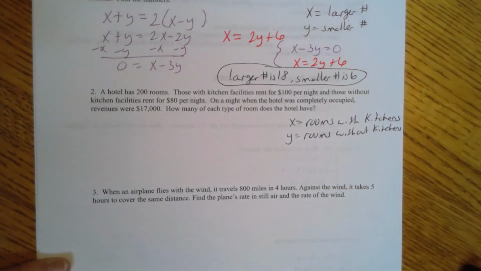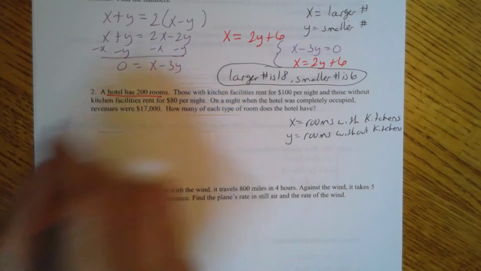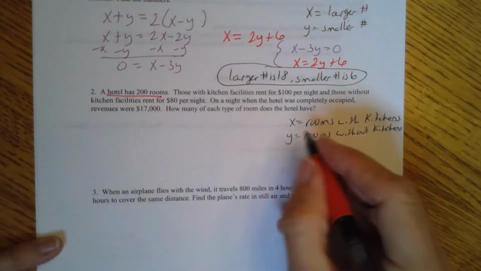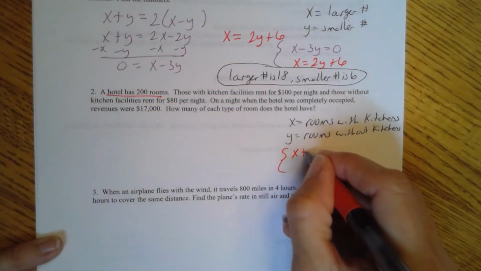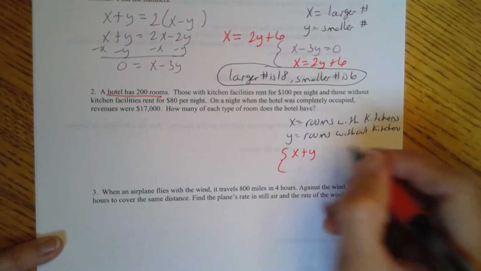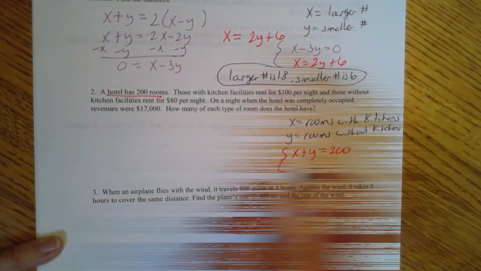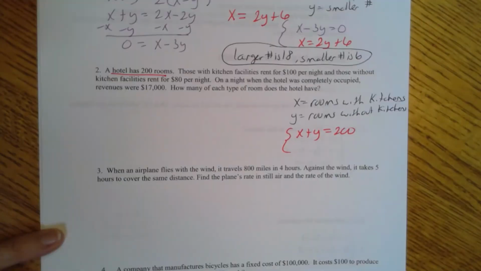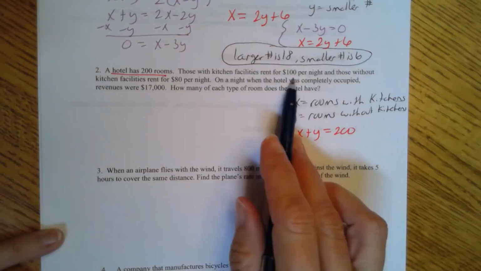So because we have 2 variables, we're going to need 2 equations. First equation says that a hotel has 200 rooms. Because I have x plus y being the number of rooms with kitchens and the number of rooms without kitchens, those are the only kinds of rooms, so x plus y would equal 200. The cost equation says the ones that rent for $100 per night are those with kitchens.